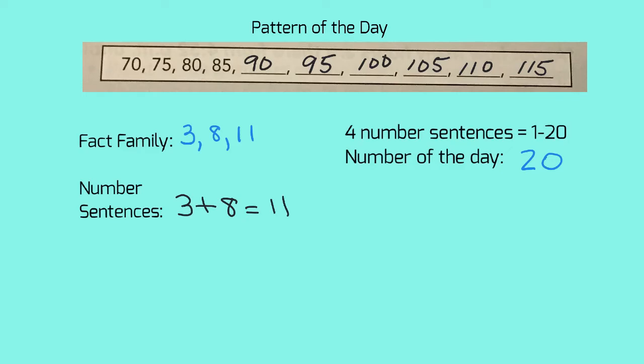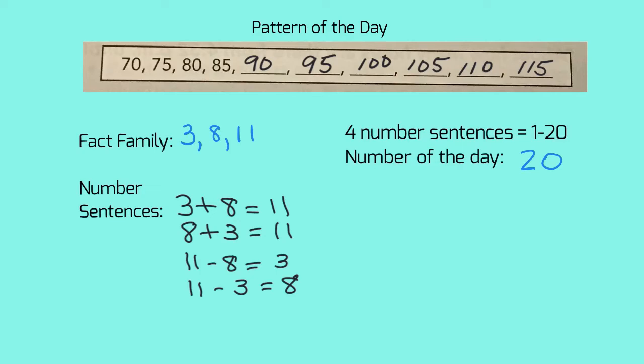And then we can just reverse that and say 8 plus 3 equals 11. Then we need to work on our subtraction. So we'd write down 11 minus 8 equals 3. And then we just flip-flop that: 11 minus 3 equals 8.